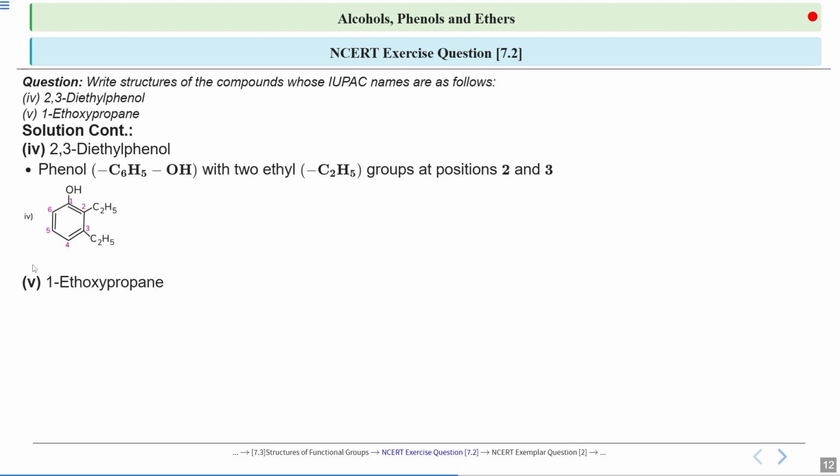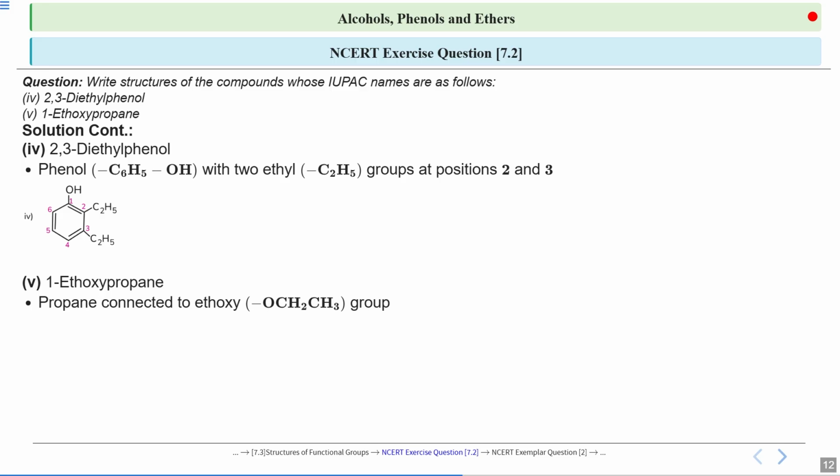For the fifth compound, 1-ethoxypropane. Propane means the 3-carbon chain connected to an ethoxy group at the first carbon, 1-ethoxy. Ethoxy group means OCH2CH3 group. If you remember, we have studied that in ethers the two R groups may or may not be the same.